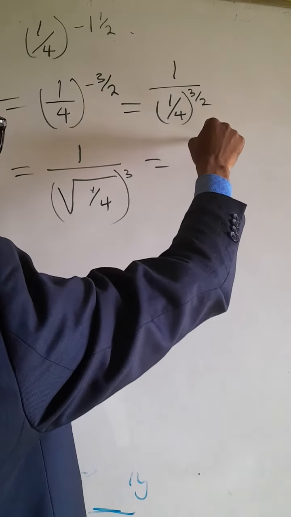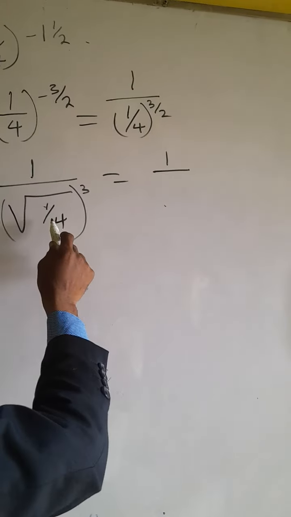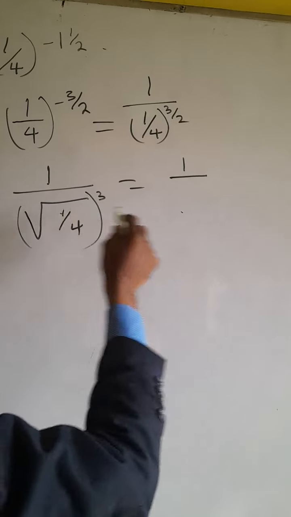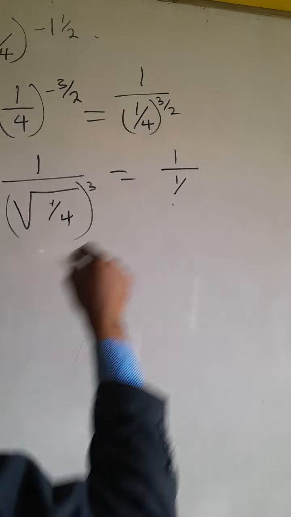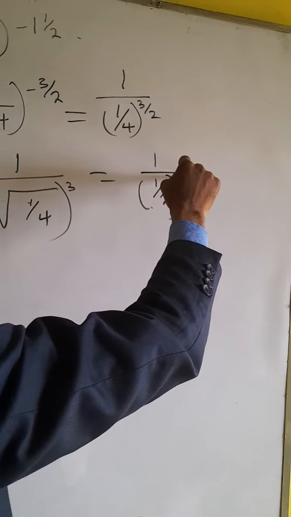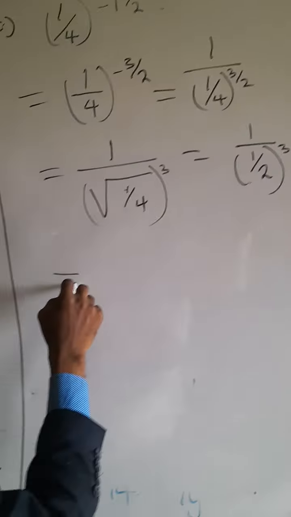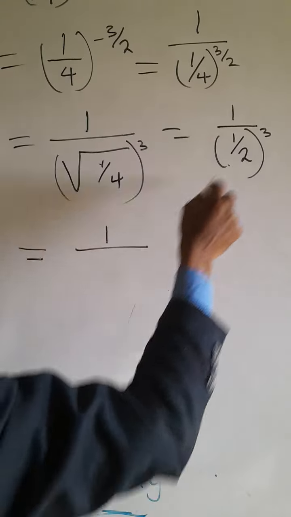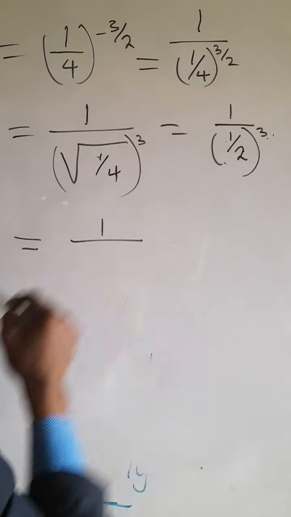Now, you can write it as 1 divided by, here what is inside this place, the square root of 1 will give us 1. Square root of 4 will give us 2, all raised to the power of 3. Now, this 3 will affect this one, also affect these 2.